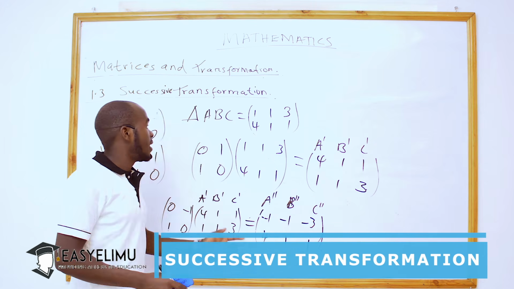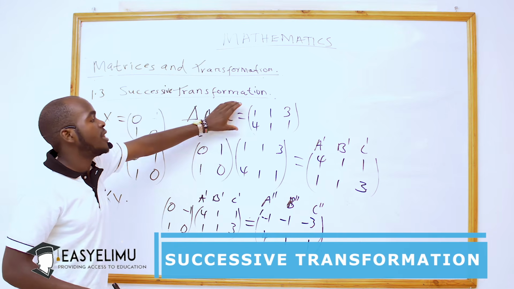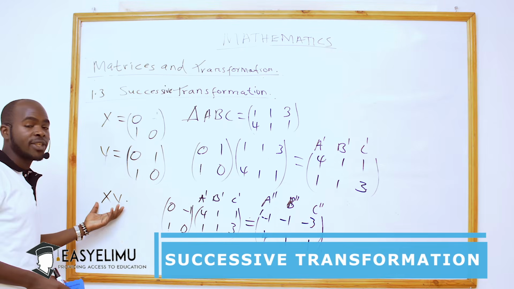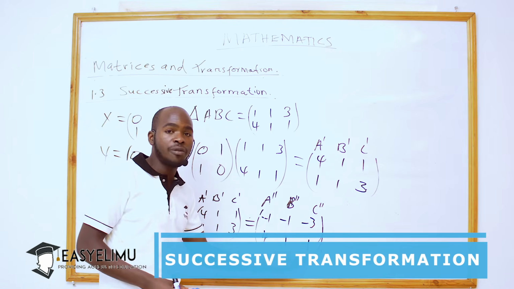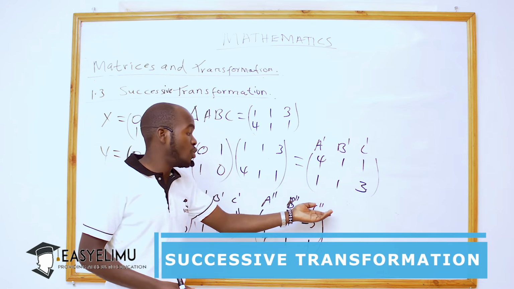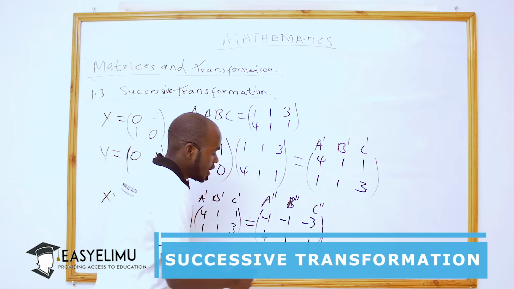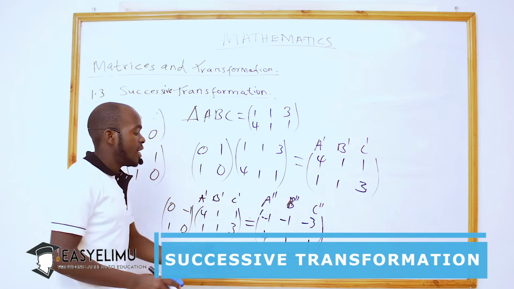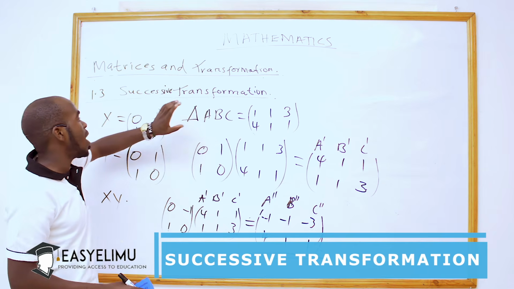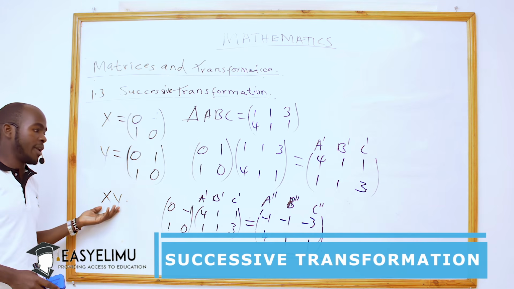And we can say that the triangle ABC with this kind of vertices has undergone transformation XY to give an image of A2 prime, B2 prime, C2 prime. And now we can conclude that this image is the image of triangle ABC through a successive transformation of XY.